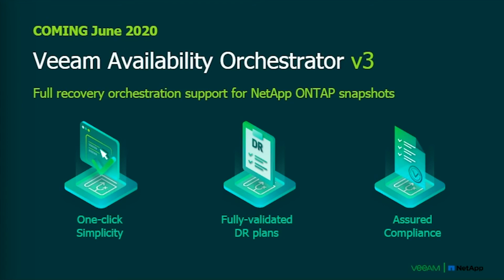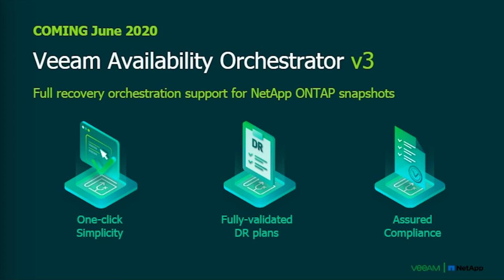What this tool can do for you is orchestrate and plan a complete failover from one data center to the other, whether that data center be a self-owned and managed data center, something in a service provider data center, or even the public cloud.